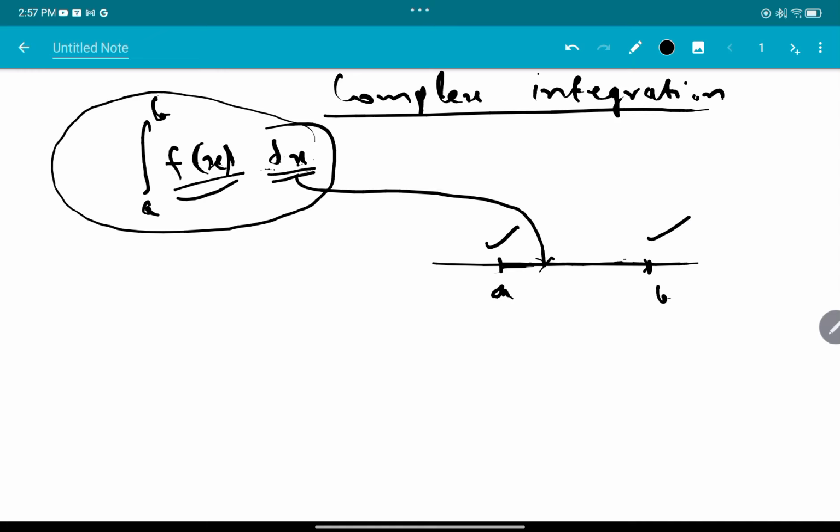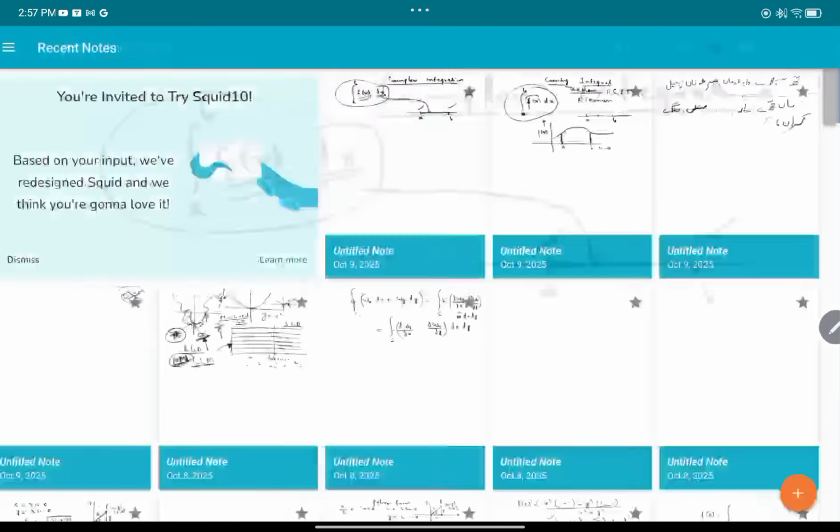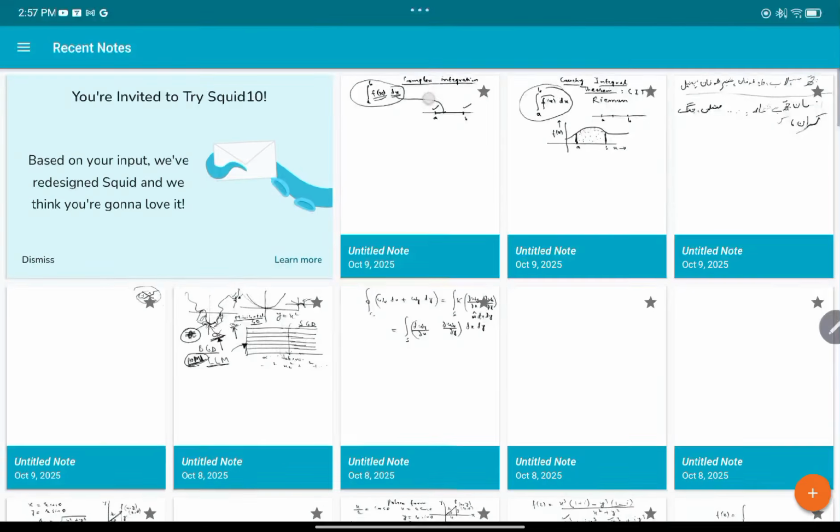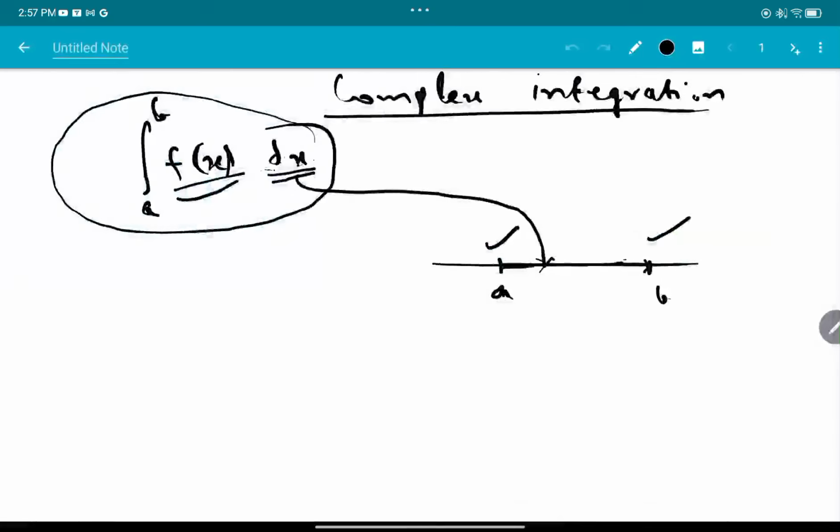So there being only one path, even if we don't describe it while taking this integral, we don't even care about this path, because we have in our mind that this is the path. There can be no other choice, so there will be no confusion. So let us now move to complex integration.